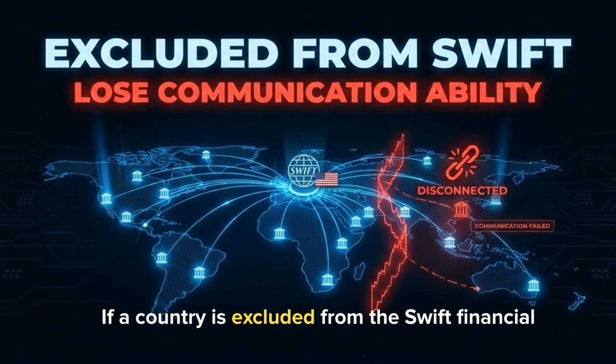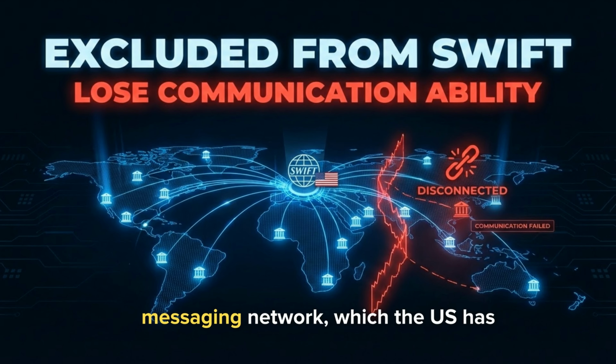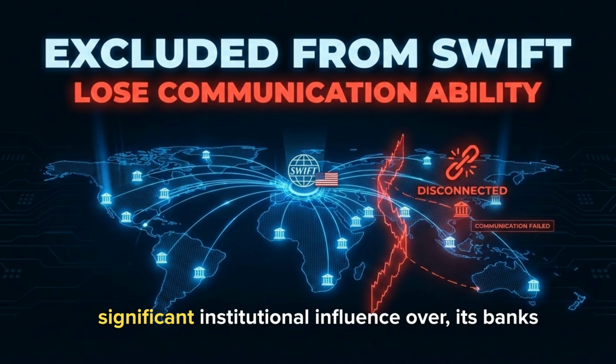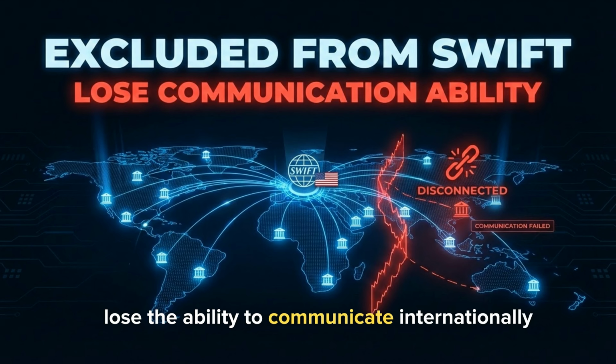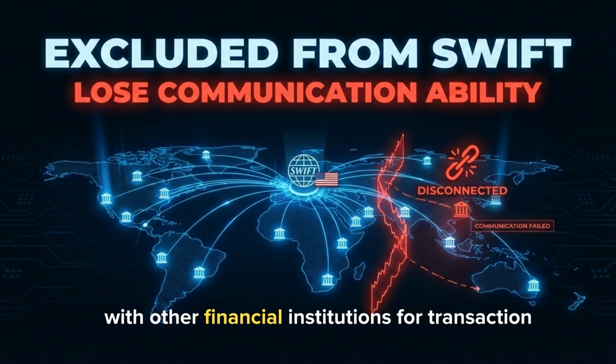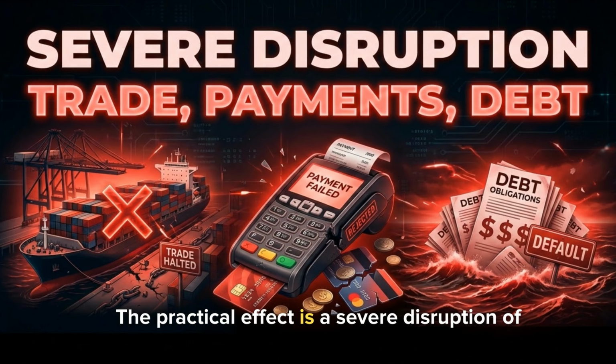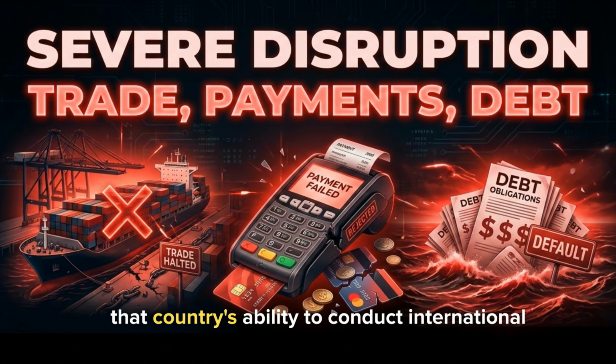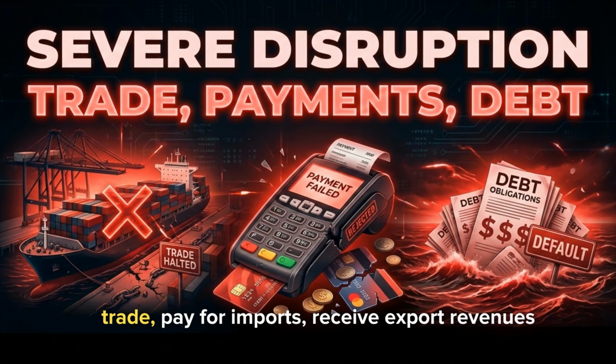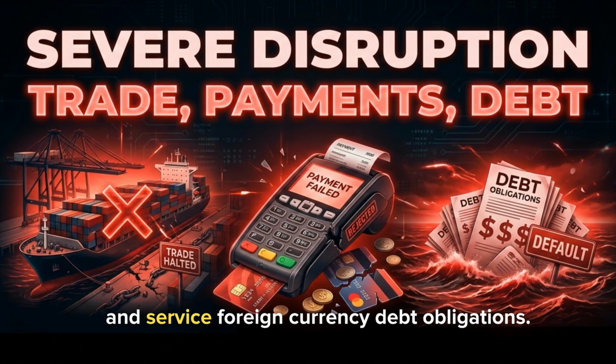If a country is excluded from the SWIFT financial messaging network, which the US has significant institutional influence over, its banks lose the ability to communicate internationally with other financial institutions for transaction settlement. The practical effect is a severe disruption of that country's ability to conduct international trade, pay for imports, receive export revenues, and service foreign currency debt obligations.